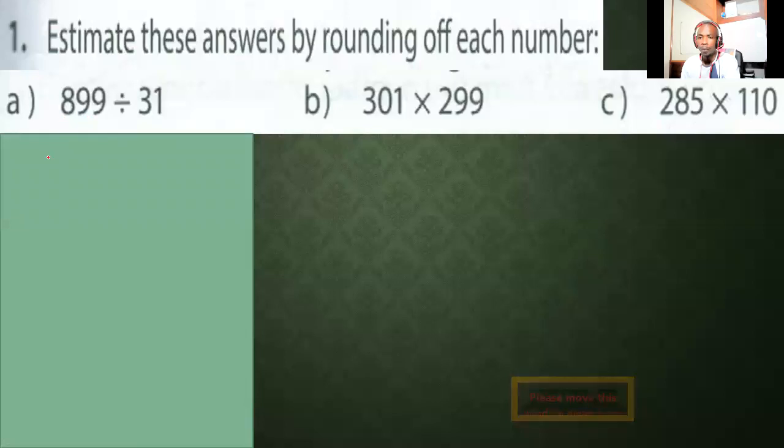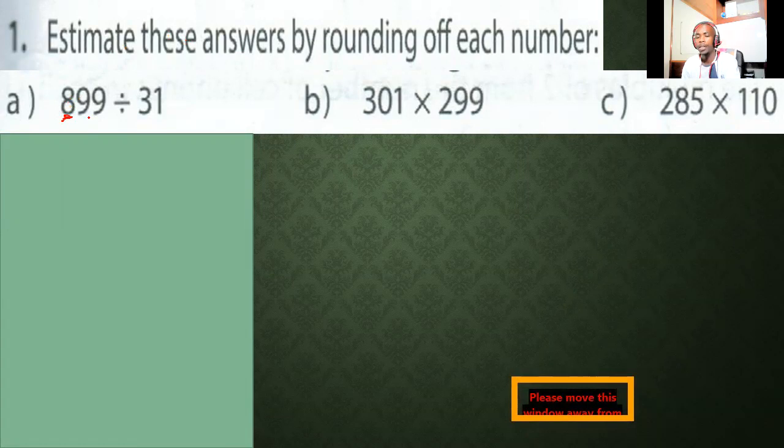So 800, I'm going to round off 89 to the nearest hundreds. I look at this last digit, because it has got 99, even if I round off to the nearest 10, it will eventually give me the same answer. Now I look at 9, which is the tens.